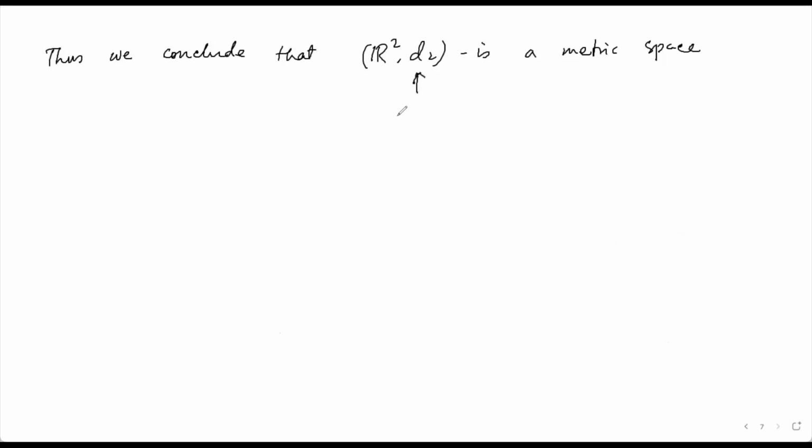And this special metric is called the Euclidean metric on R^n.